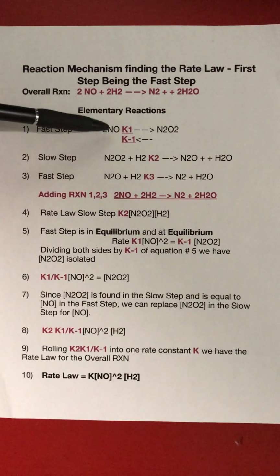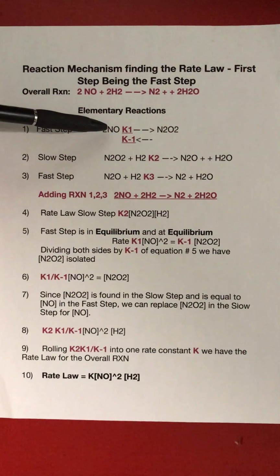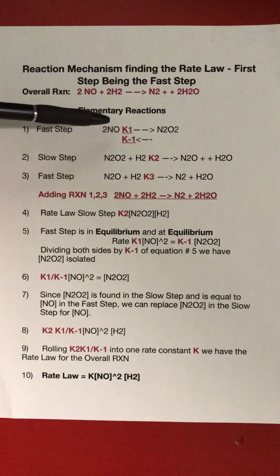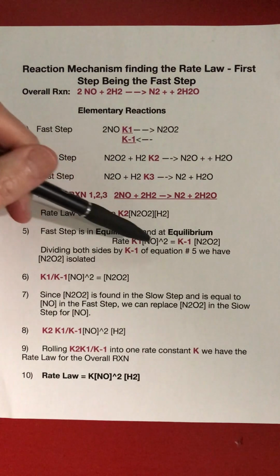So when this reaction goes forward and then reverses and goes backwards, the rates eventually become equal to each other and the concentrations become constant. So these are now equal to each other.